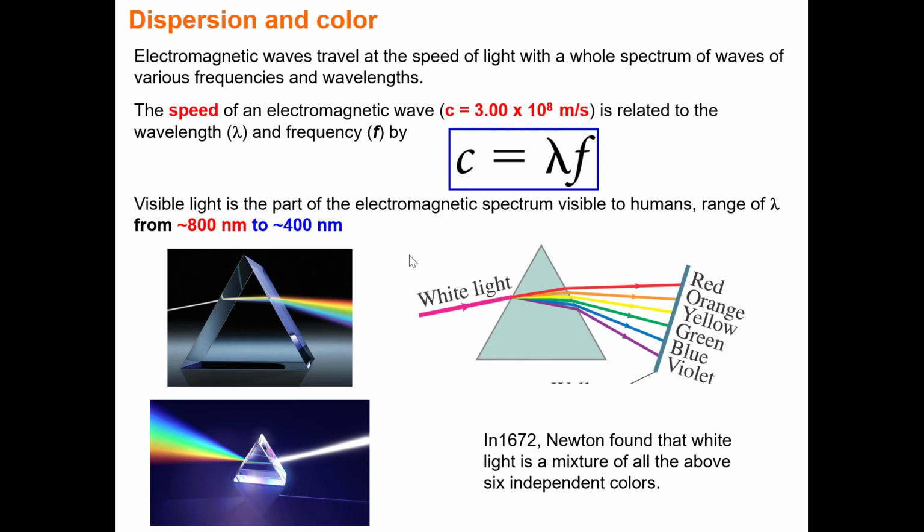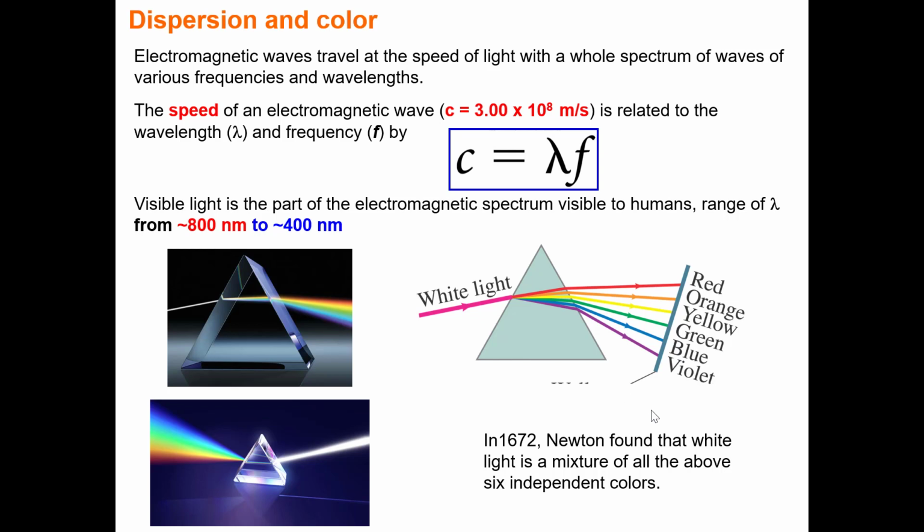In 1672, Newton found that white light is a mixture of all these colors: red, orange, yellow, green, blue, and violet.